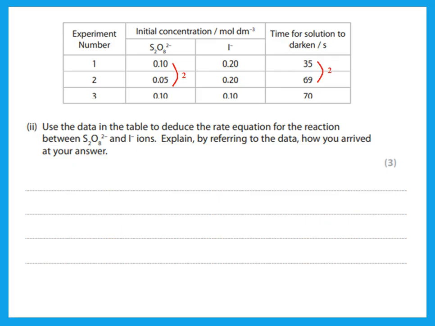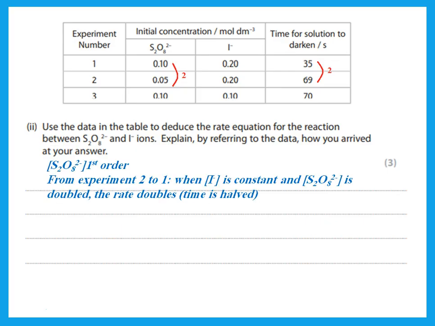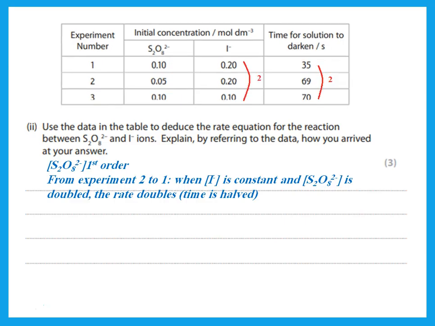So doubling the concentration doubles the rate, so it is first order with respect to the S2O8 2 minus. So from experiments 2 to 1, when the iodide is constant, the persulfate is doubled, the rate doubles, that means it is first order. Now with respect to iodide, I can take experiments 1 and 3.